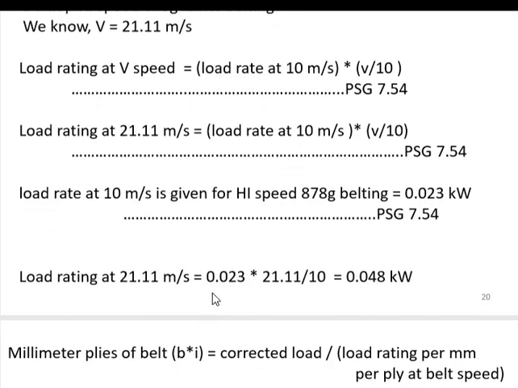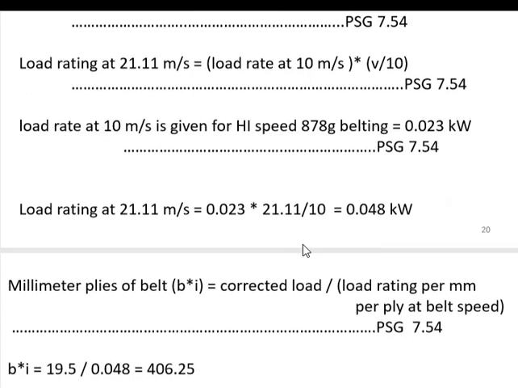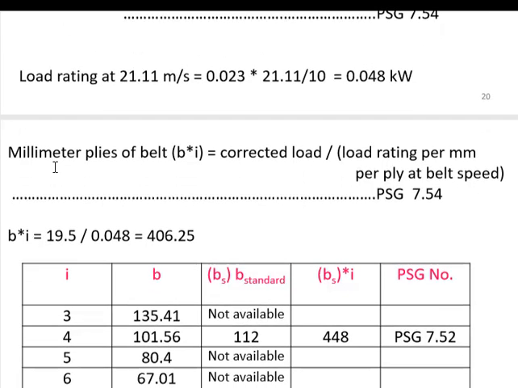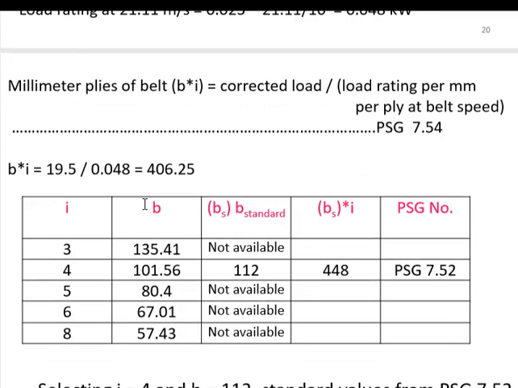By substituting the load rate at 10 meters per second and then multiplying it by the speed by 10, what we get is load rating for 21.11 meters per second, that is 0.048 kilowatt. Now we can substitute both the parameters in the main formula, that is millimeter plies of belt, and when we put it up together it comes around 406.25. B into I is 406.25.